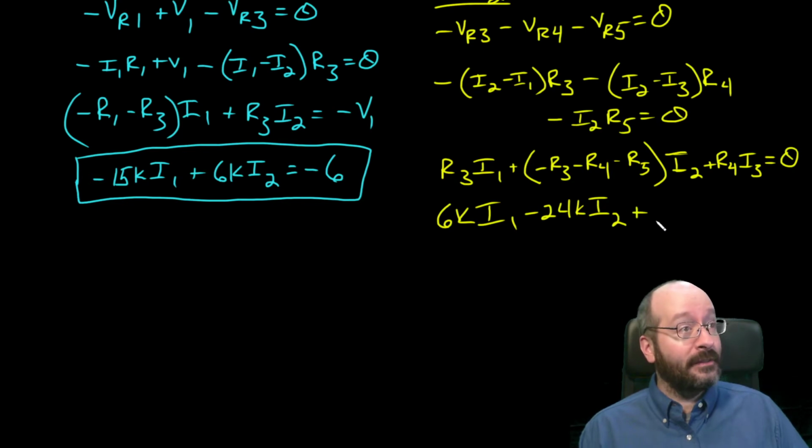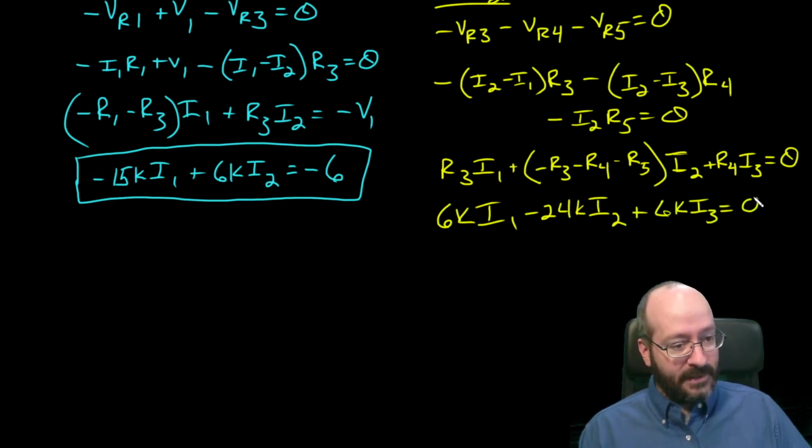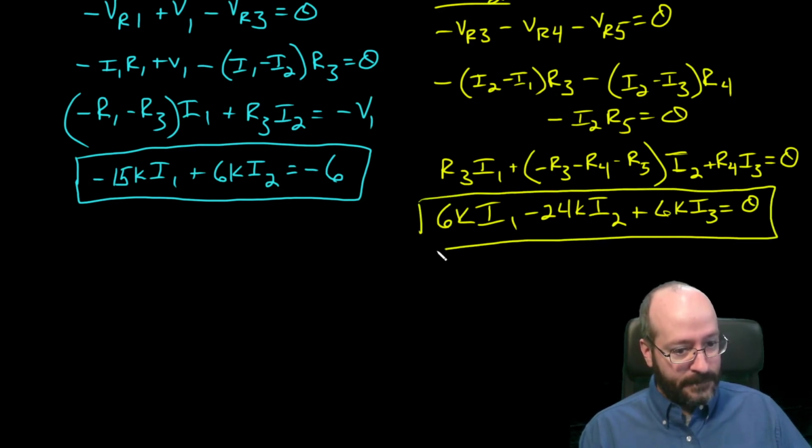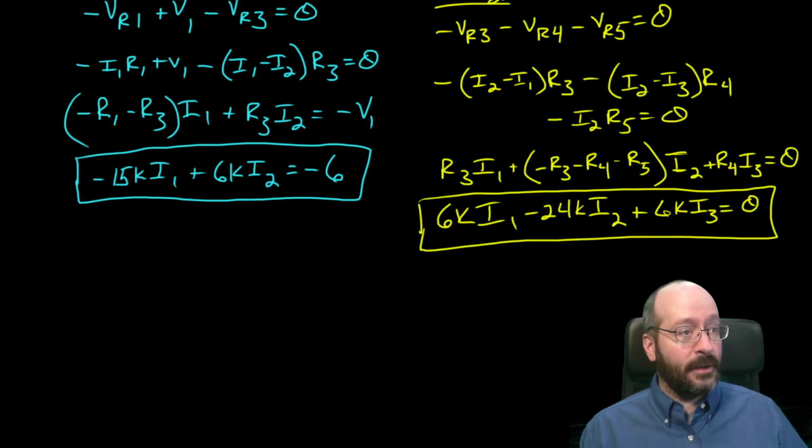And positive 6K I3, and that's equal to 0. So there's our second equation. Okay, I think we're in good shape there. Let me just double check myself. Trust but verify, right? Okay.